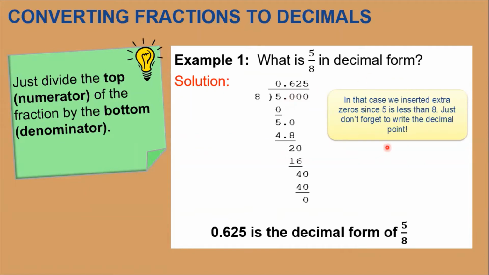Just don't forget to write the decimal point. First you write 0 and then the point, and then you go over with the computation. Therefore, 0.625 is the decimal form of 5 over 8.